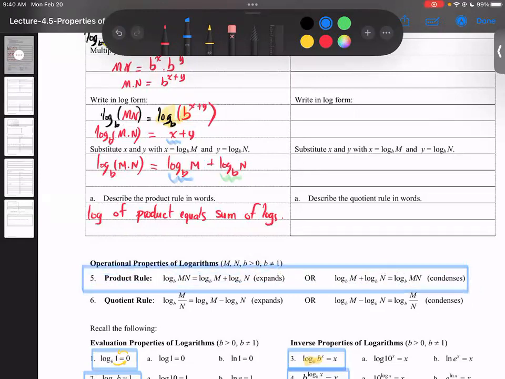All right, so right there, log of m times n equals log m plus log n. This is what I don't want to see a student do: log of m plus n equals log of m plus log of n. They distribute it, which is wrong.